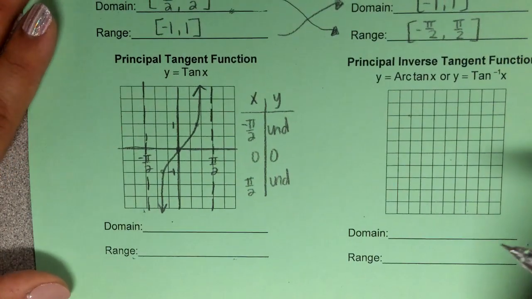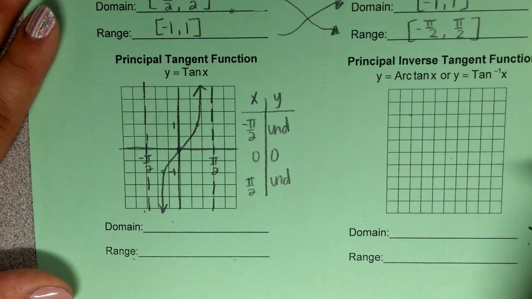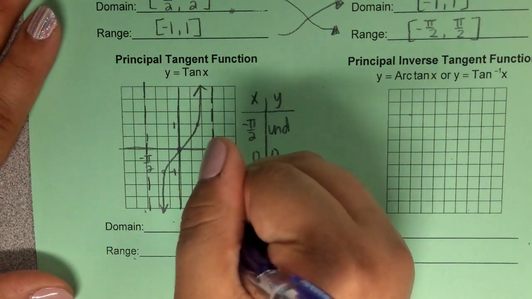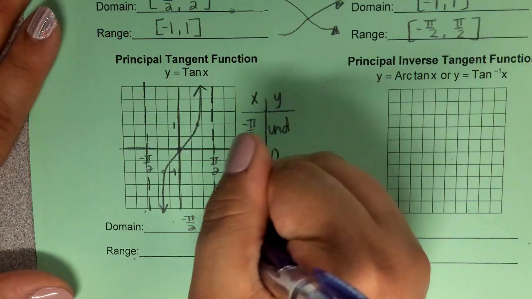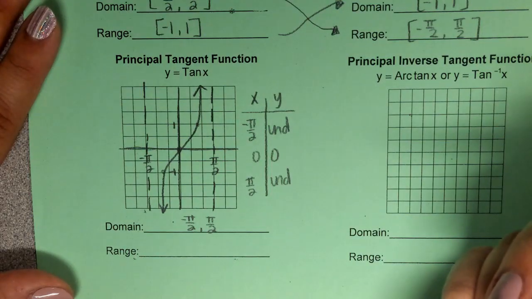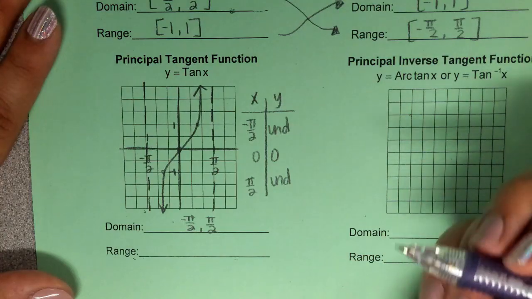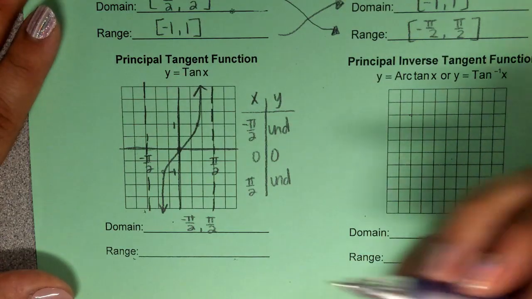What is my domain for tangent? Negative pi over 2, pi over 2. But how is it different than sine? It has asymptotes, so what do I need to do?